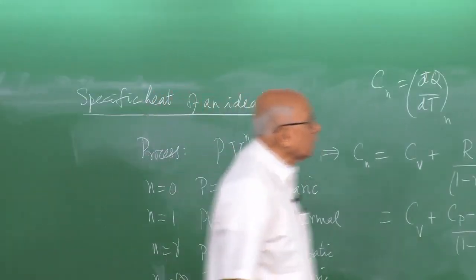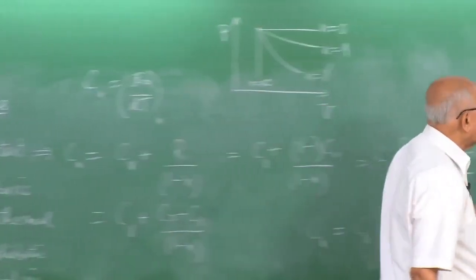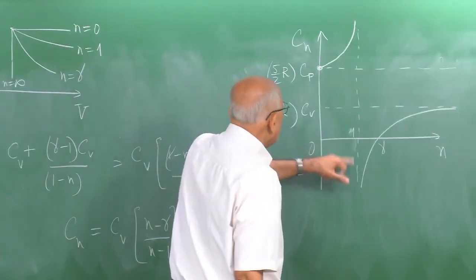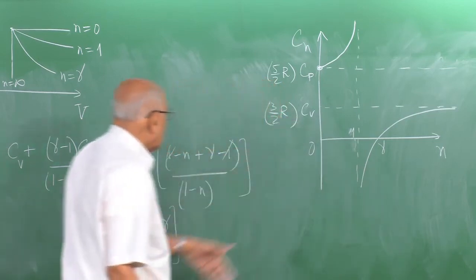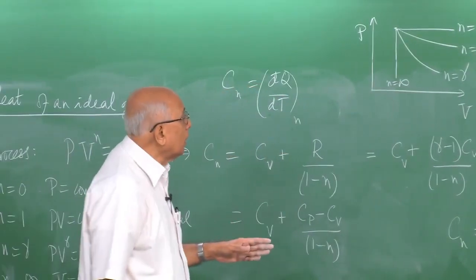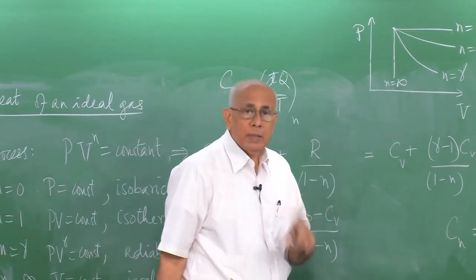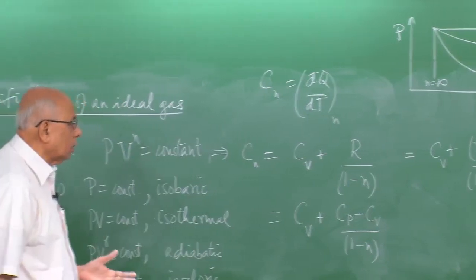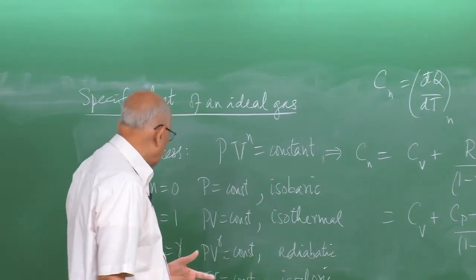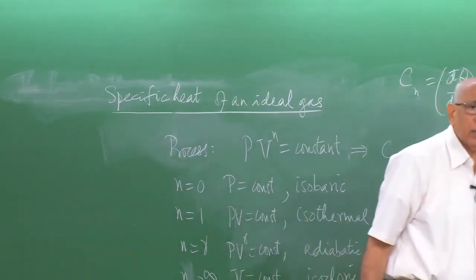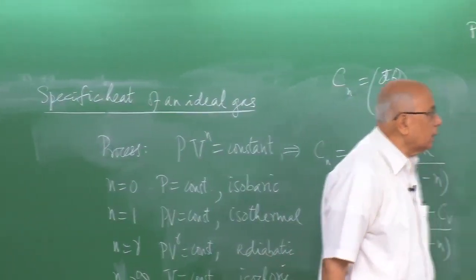Corresponding to these 4 processes, you have specific heats here which are respectively Cp in this case, Cv in this case when n tends to infinity, when n is 1 it is infinite, and when n is gamma it should be 0 on an adiabat because dq is 0, ds is 0 for an isentropic process. So, at n equal to gamma the specific heat should vanish, and indeed it does so here in general.